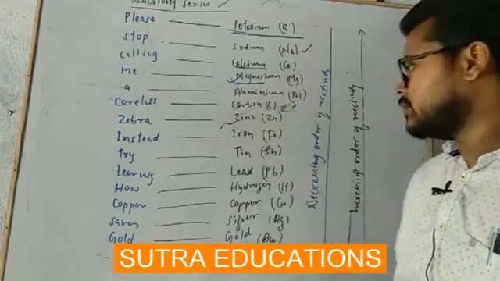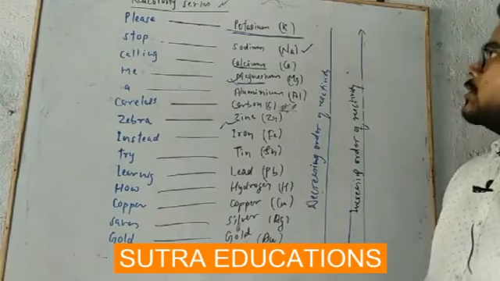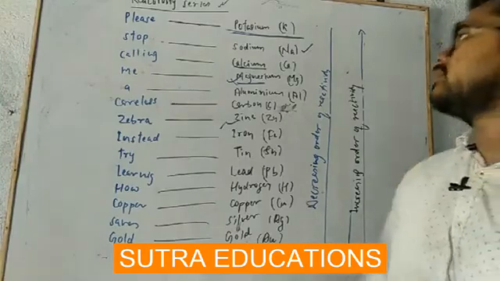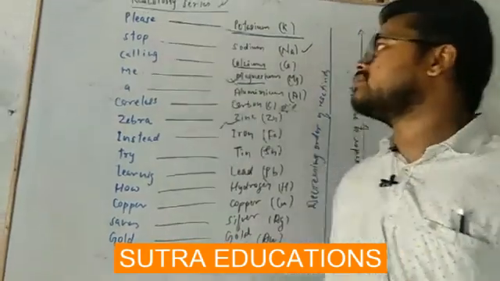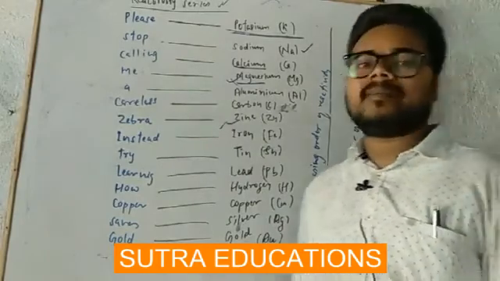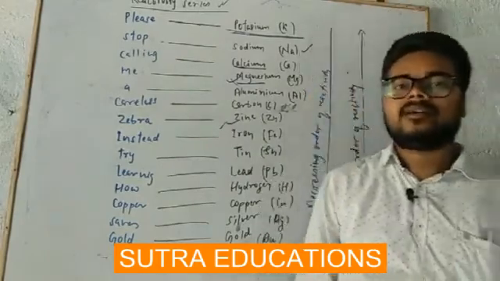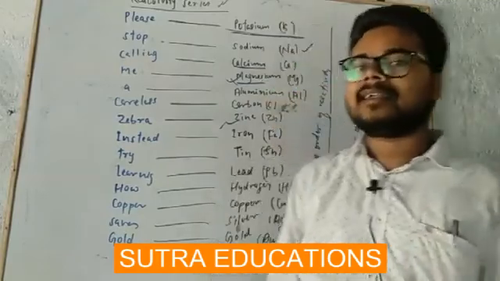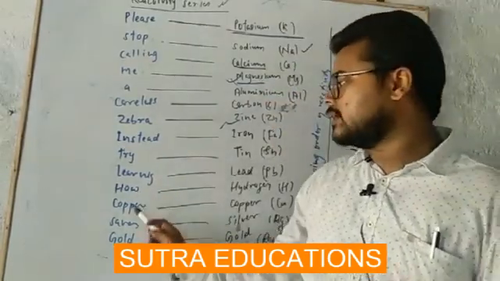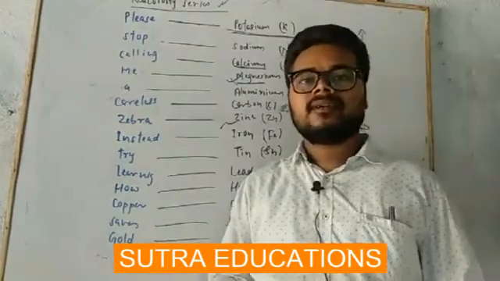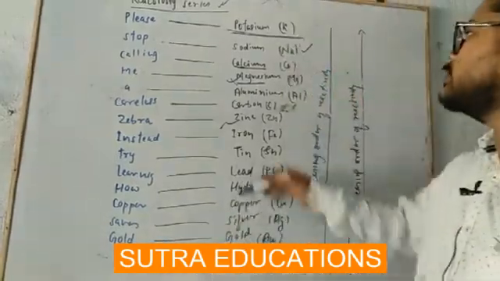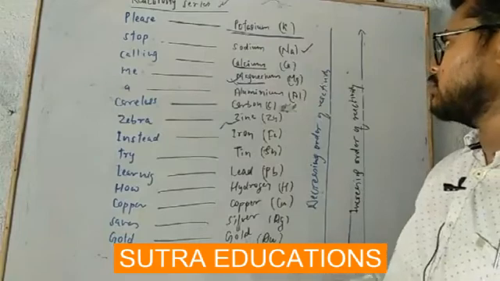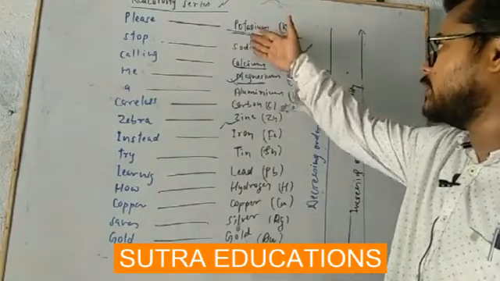Got it? So how to remember this? You have to remember: please stop calling me a careless zebra. Instead try learning how copper saves gold. Then you will automatically learn the order of reactivity of these elements.